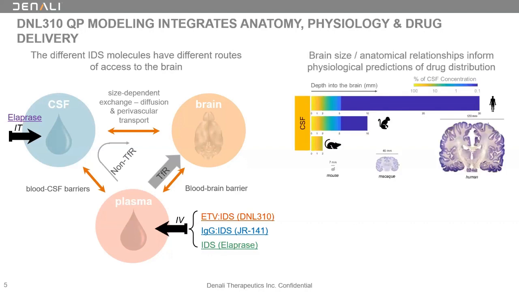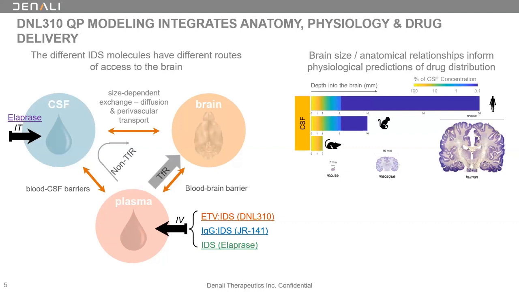Now we did first order diffusion modeling work and getting a sense of distribution from the CSF into the brain regions. And what we identified based on that is, if we have concentration in the CSF, and on this particular schematic, the CSF is represented as, say, 100%.